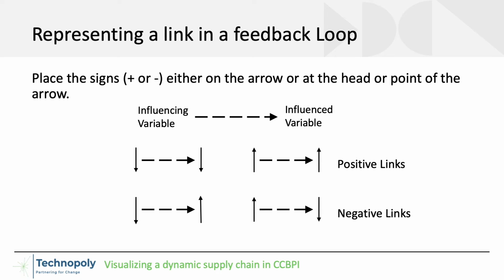A positive relationship means that both variables, the influencing and the influenced, go up or go down. So when they go in the same direction, the relationship is positive. When the two variables are opposite, that as one goes up the other goes down, or as one goes down the other goes up, then we talk about a negative relationship.